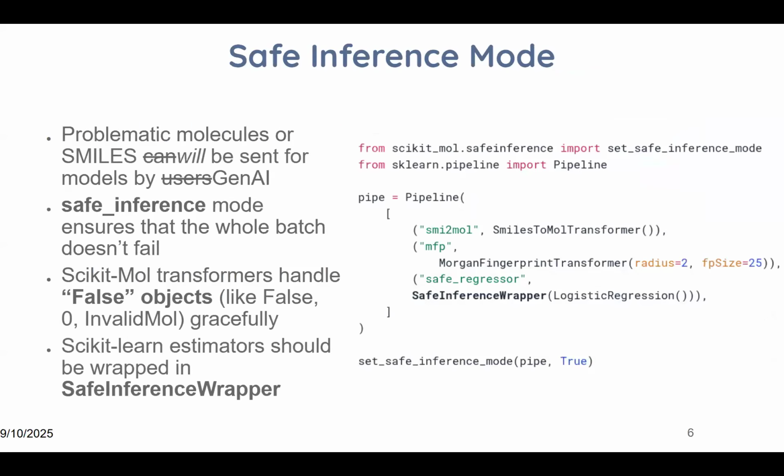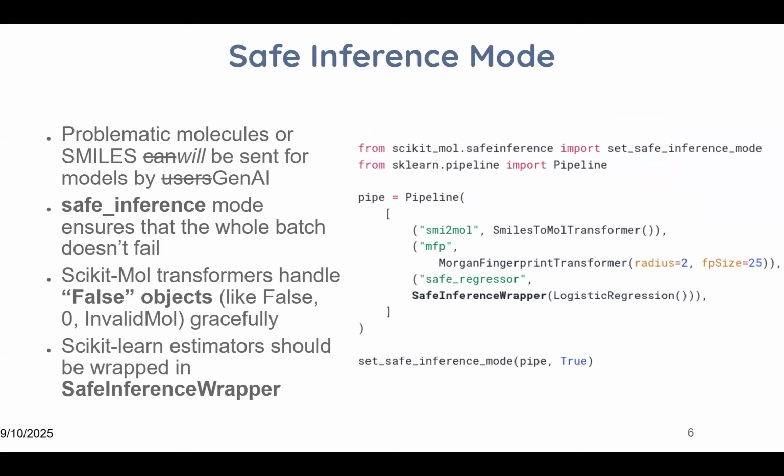Another thing is that the safe inference mode was added, because sometimes problematic molecules or smiles can't be sent through the featurizer or the transformers, which will then blow up the whole batch you're trying to predict. During training and testing of your model, you're in charge of that.